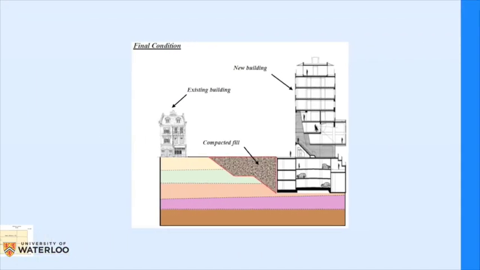So this is what we're going to do at the end. We're going to have these buildings, and then we could fill this area and compact it. But that is not part of the project. Just the slope stability is what we are interested in now.